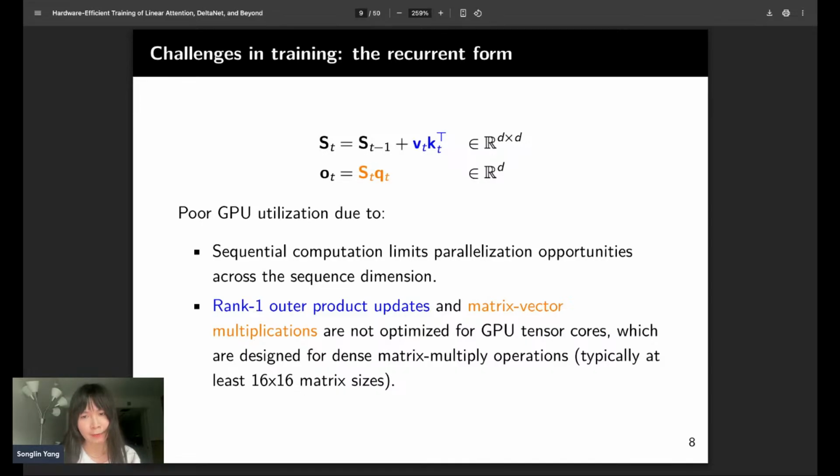And for memory readout, we only have a matrix-vector multiplication, both of which are not matrix multiplications. These two operations cannot use tensor cores, which are very efficient.